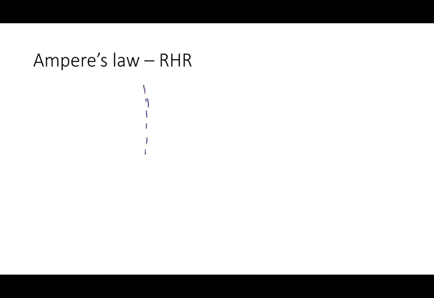And let's say the loop comes out on top and goes in at the bottom. Then using our right-hand rule, my fingers should point towards me on top and into the page on the bottom. So I'm defining positive current to be, in this case, to the right.